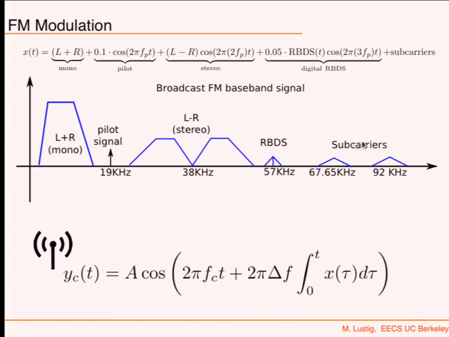Okay, so this is a spectrum of the baseband. That's what they want to transmit. How they transmit this is they do a frequency modulation. So that signal here, that's x(t), which is composed of a few signals, is then frequency modulated. Okay? So it's going to change the frequency of a carrier at a particular center frequency.